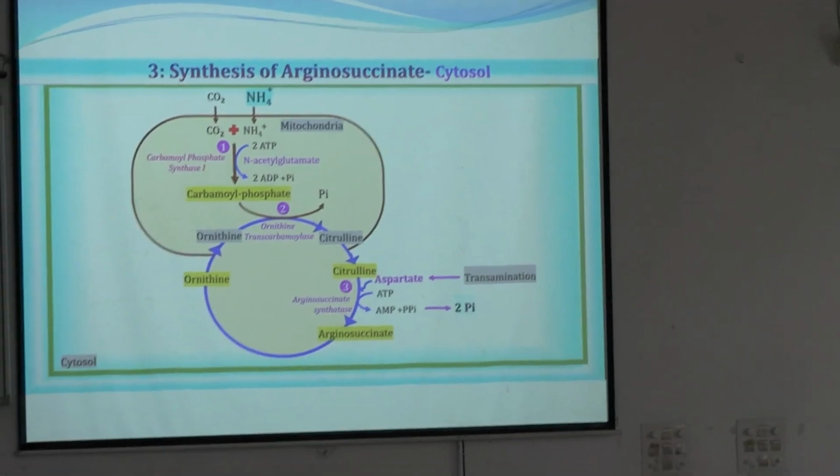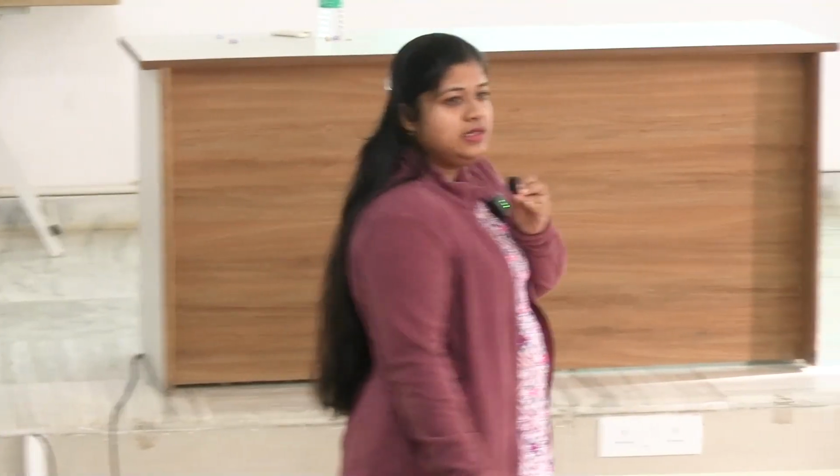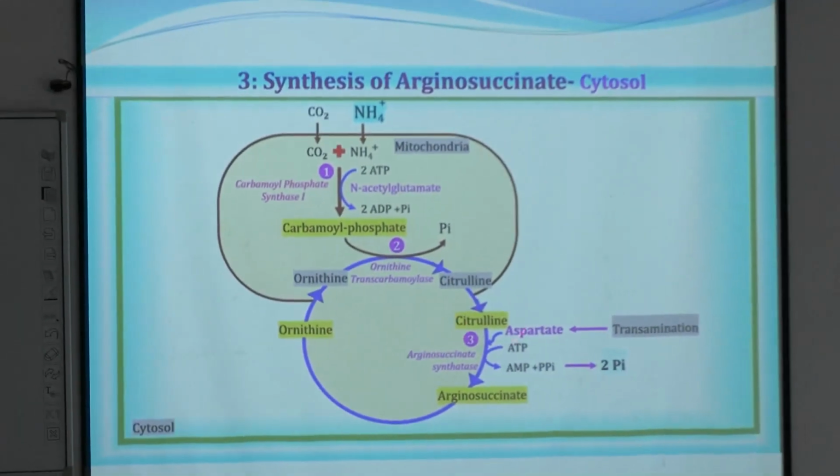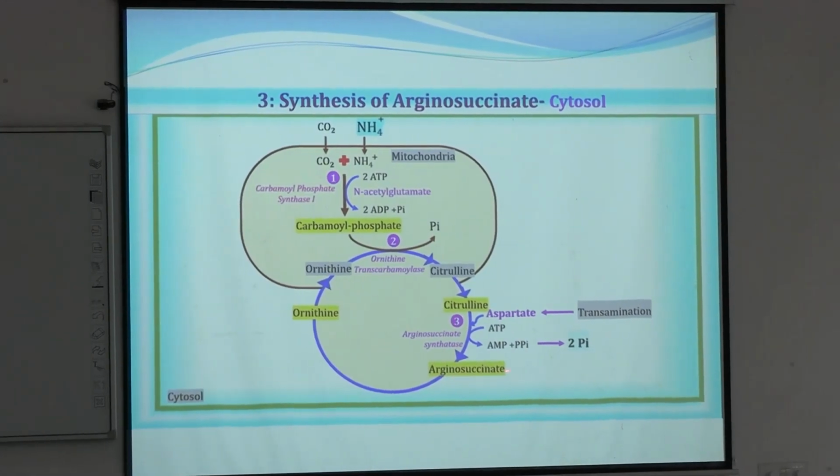Can you name one transamination reaction, and the enzyme required for production of aspartate? AST, aspartate transaminase, and that was formed from oxaloacetate. Oxaloacetate with glutamate will form alpha ketoglutarate and aspartate. Okay. So aspartate will join with citrulline to form arginosuccinate.